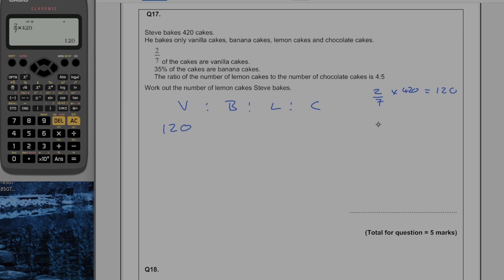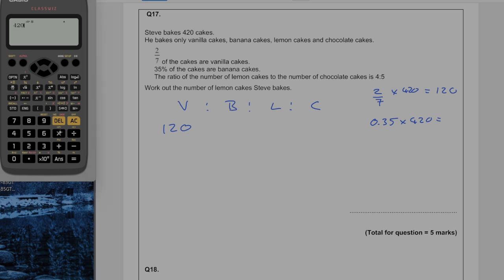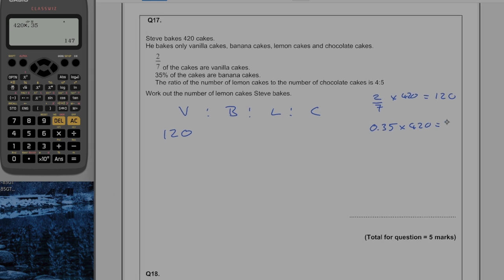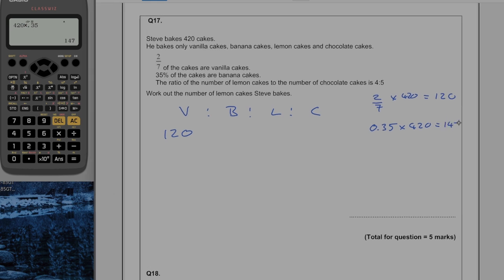35% of them are banana, so if I do 0.35 as a multiplier, times by 420, that's going to give me 147 banana.